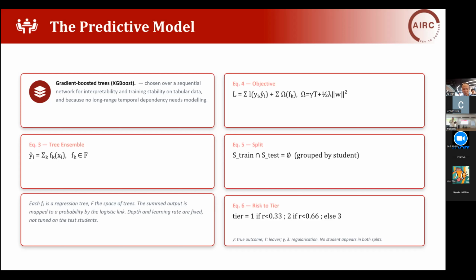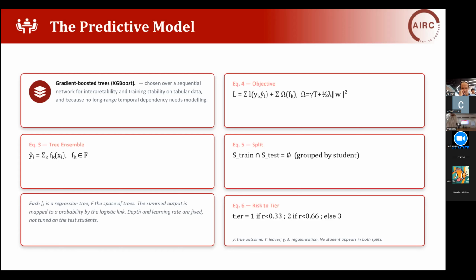The objective includes regularization to prevent overfitting, of course, and crucially, the train-test split is grouped by student, so no student appears in both the training and the test dataset. The tier thresholds are explicit: below 0.33 is tier 1, between 0.33 and 0.66 is tier 2, and more is tier 3.